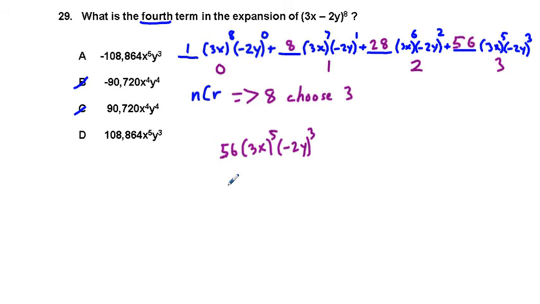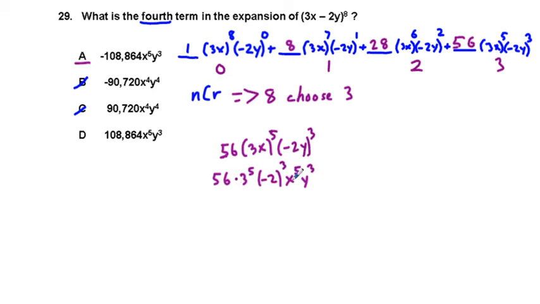Separating all these out, we're going to have 56 times 3 to the 5th, and negative 2 to the 3rd power, and x to the 5th y cubed. We're going to get a negative number because negative 2 cubed is negative 8. So I already strongly suspect that A is going to be our correct answer.